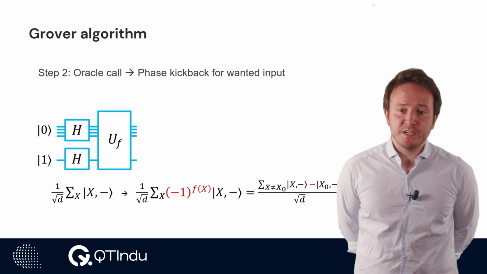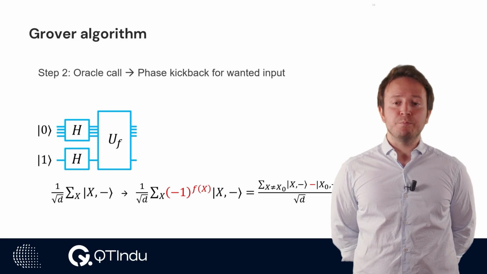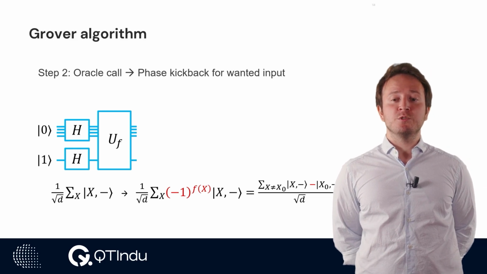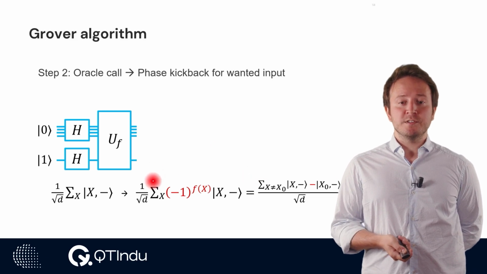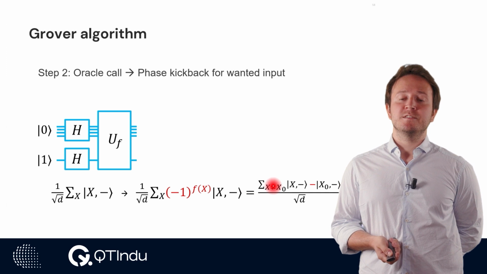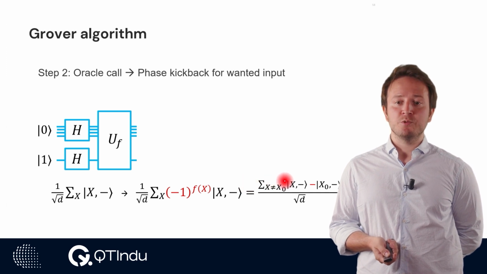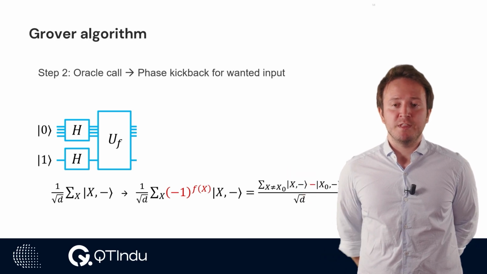Now, to be more specific, if we take this function to be 0 for all the entries but the one entry that we want to find, what happens explicitly is that all the unwanted input states will be given a plus sign, and we will get a minus sign only for the state that we want to find.